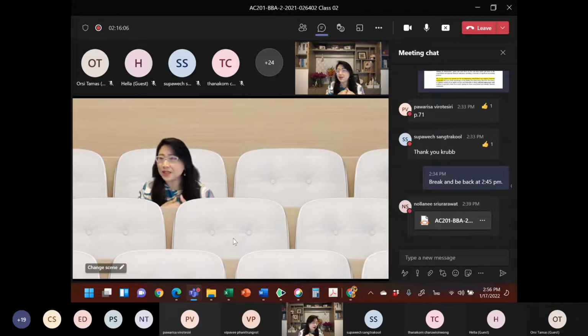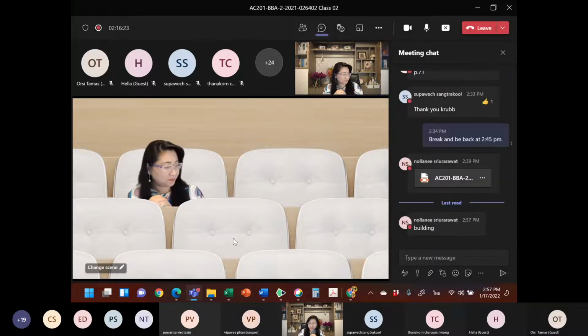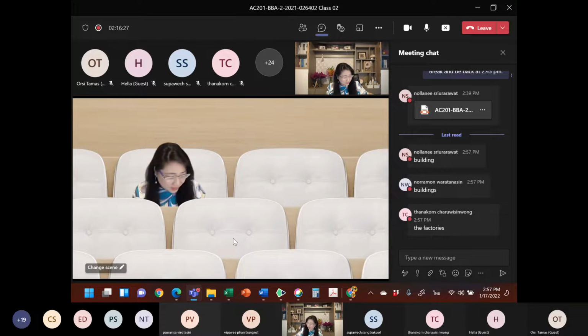Can you please list some examples for me? Examples of assets, economic resources controlled by the company, from which the company expects to get some kind of economic benefit in the future. Okay, building, factories. What else? Labor.